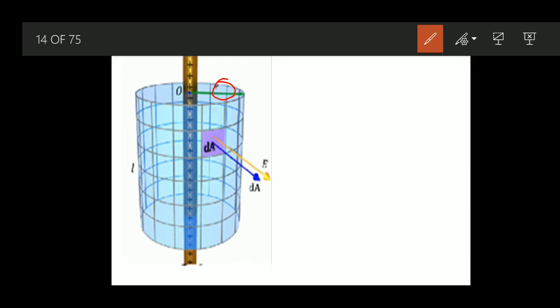And the length, is it marked? The length of the cylinder, or the height of the cylinder, is L, and the radius of the cylinder is R. A small area dA is marked, and the area vector is represented by the blue colored line here. And at this point the electric field also. This is all we have already studied. So with this knowledge we will go for this one.